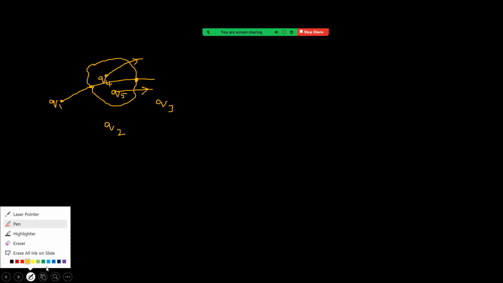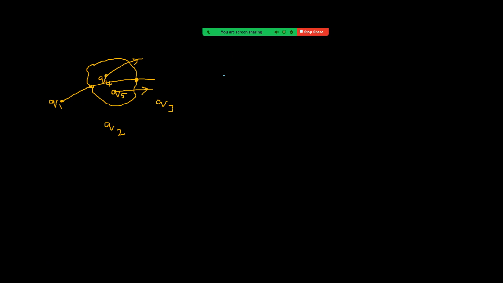Gauss law states that net electric flux through a closed surface is equal to net charge inside by epsilon naught. This is the statement of Gauss law. I am repeating.